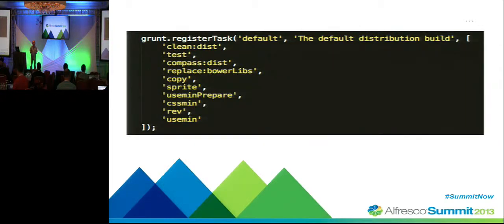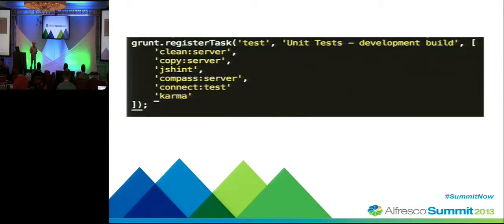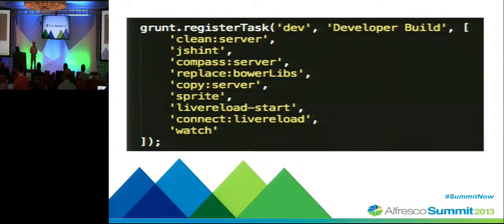So that's the first task. Next up is the test task, and that's a combination task that, again, does some setup. It lints our code, runs some Karma tests, and part of that does some code coverage analysis as well, and that's all bundled up into that one task. This is our day-to-day dev task that we use.